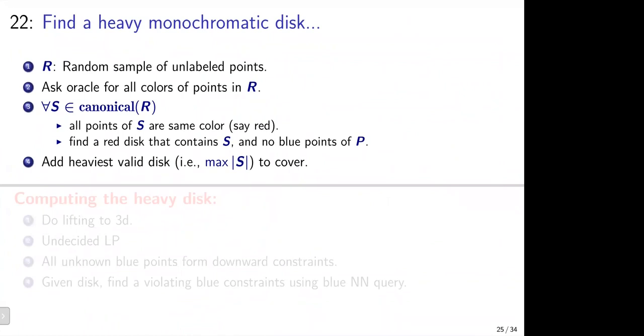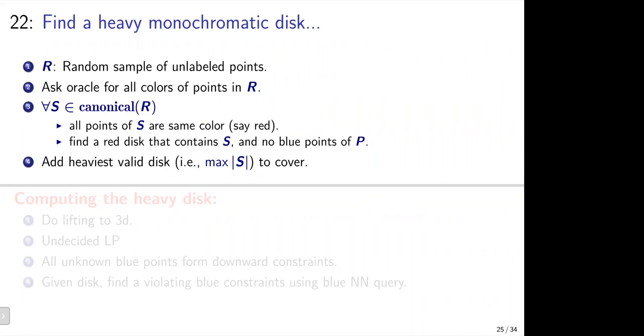So we are again taking a random sample. We are going to ask the oracle for all the points in the random sample, because we can do nearest neighbor colored query. So we can just ask for the point itself in the sample: what's the color of your nearest neighbor?